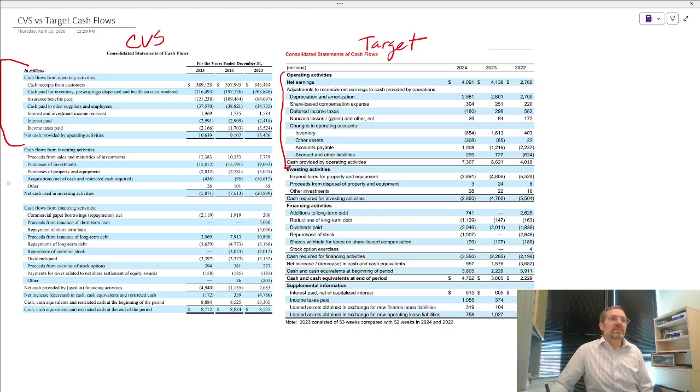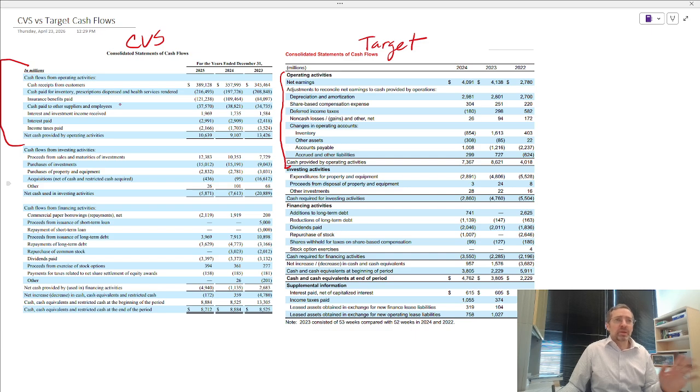Let's look at CVS. And right now, if I asked you the question, how much did they get from their customers? That question is pretty easy to answer. It's that first line. It says cash receipts from customers, $389,000. Or if I asked you how much did they pay their employees? I can look at this line.